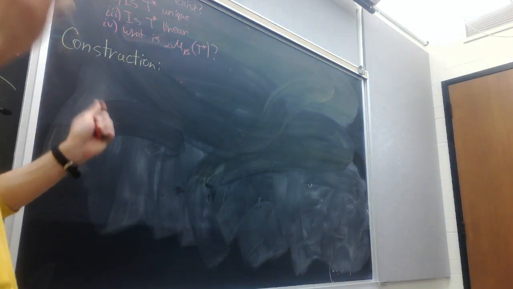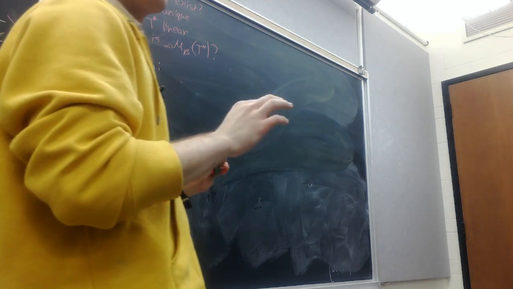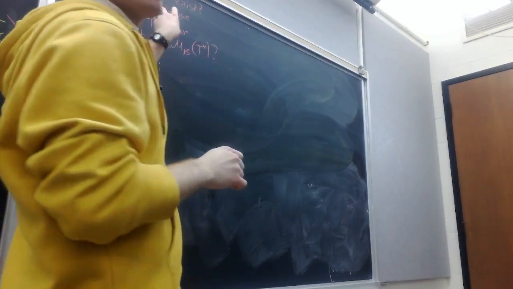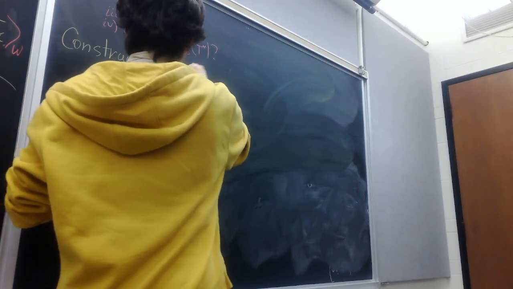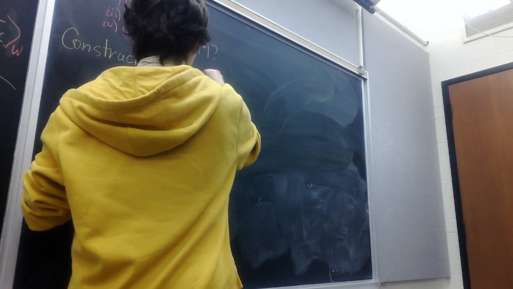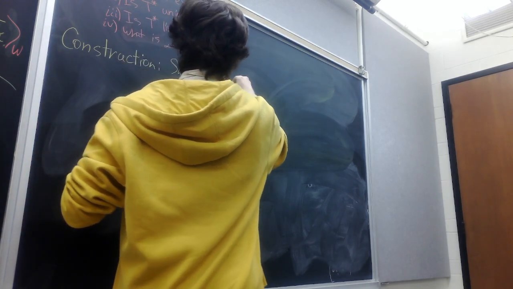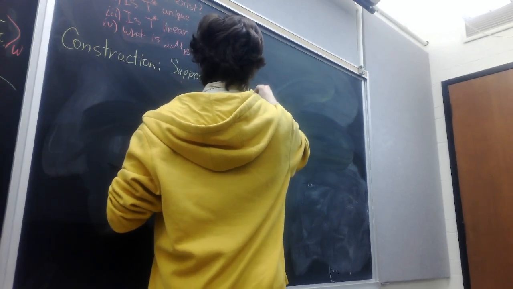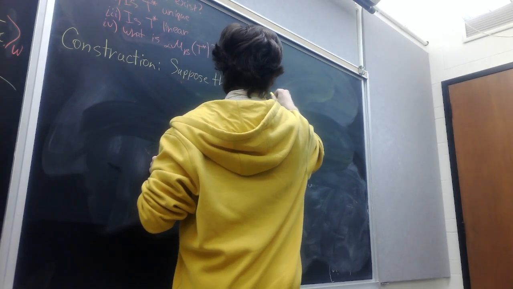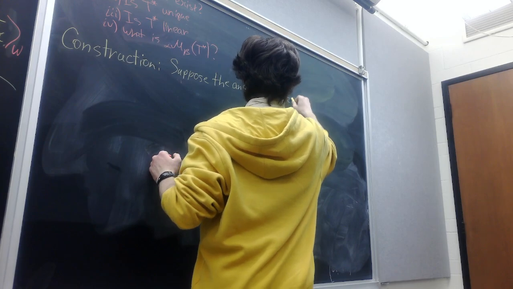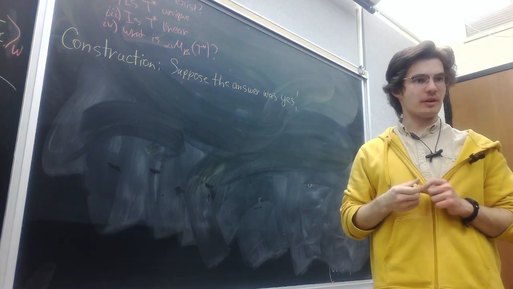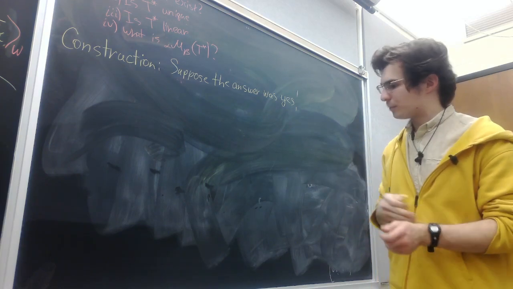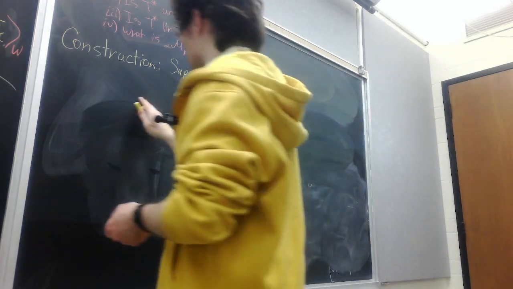So suppose the answer to all of the above was yes. And suppose we knew the answer. And then we're going to work backwards, okay? So suppose the answer was yes. Do you agree? So let's answer the following question.